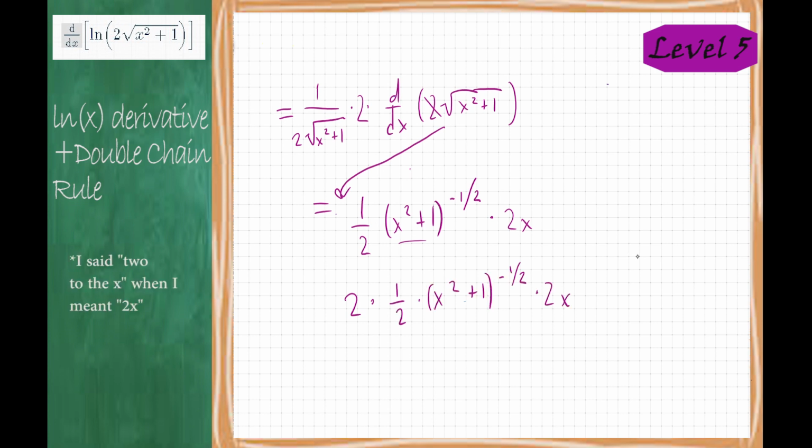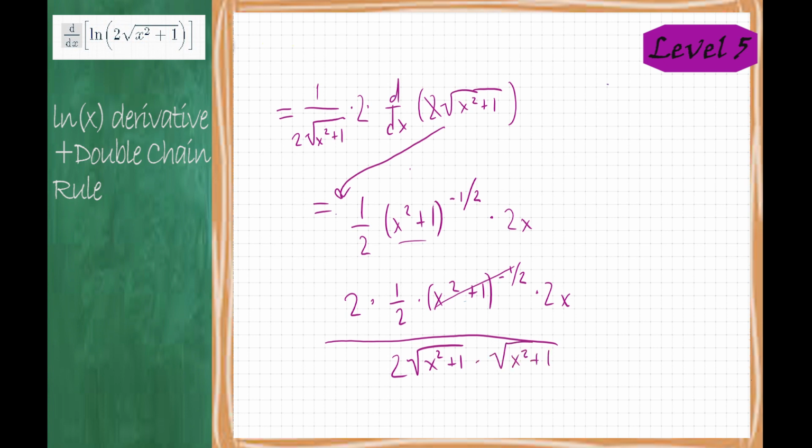And now we can put everything together. 2 times 1/2 times x squared plus 1 to the negative 1/2 times 2x over all of that original stuff. And looks like there's quite a bit to simplify. We can take out this, it's on the top and bottom. And we have 2 times 1/2 we can take out. And it looks like it's just x over x squared plus 1.